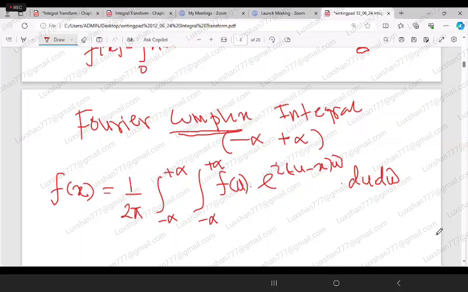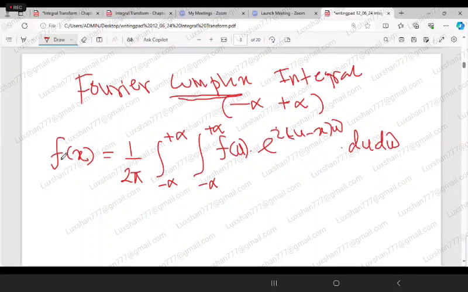So this is called the Fourier complex integral.